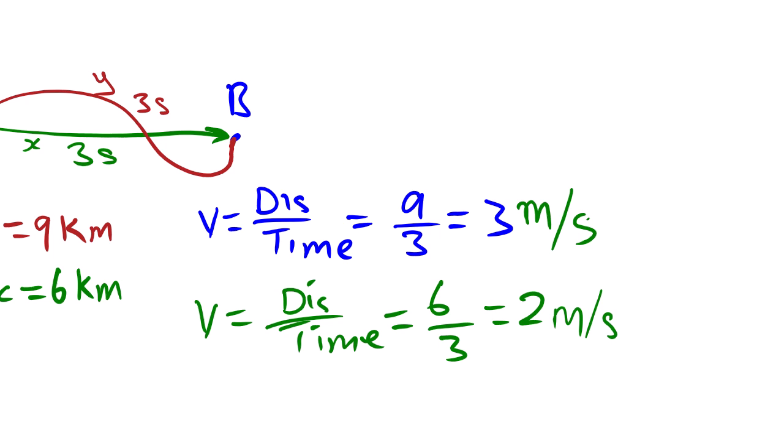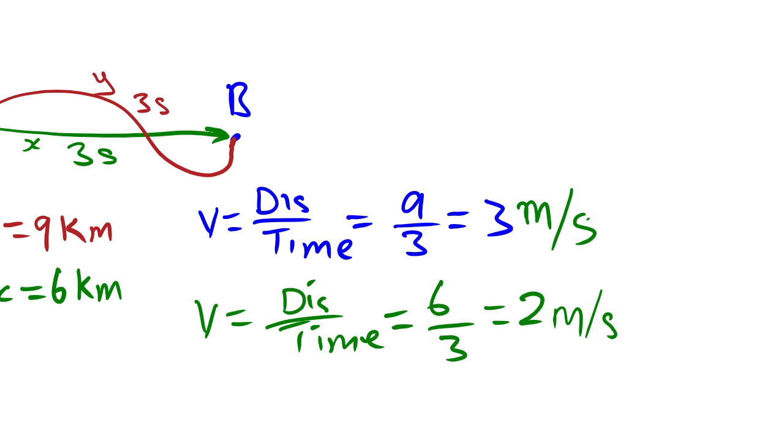So object Y is faster, but they end up getting to point B at the same time.